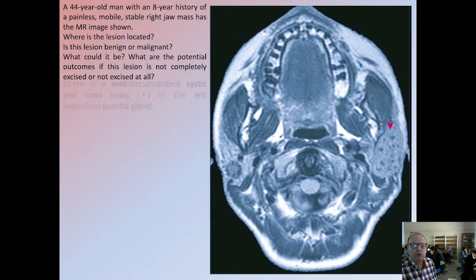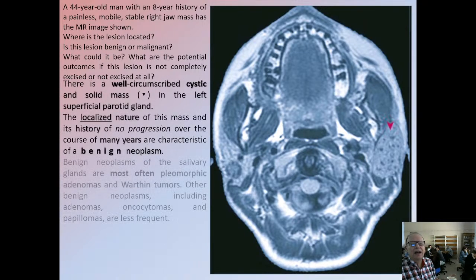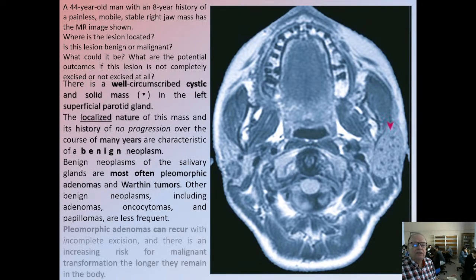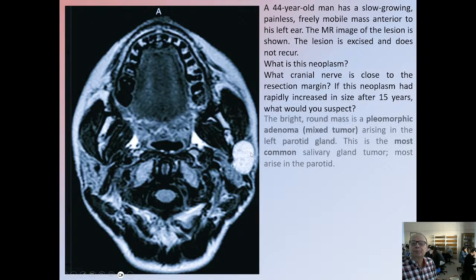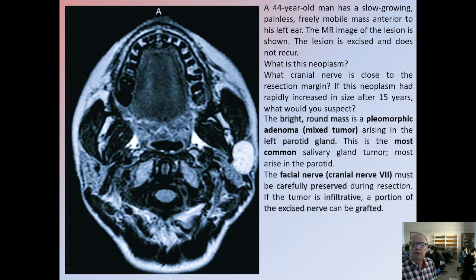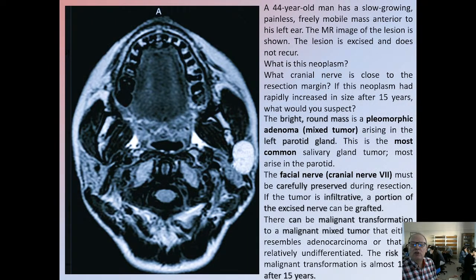And the most common salivary gland tumor is the pleomorphic adenoma. And let's have a look. Here is another tumor. Quite well circumscribed, this one as well. This is a pleomorphic adenoma.